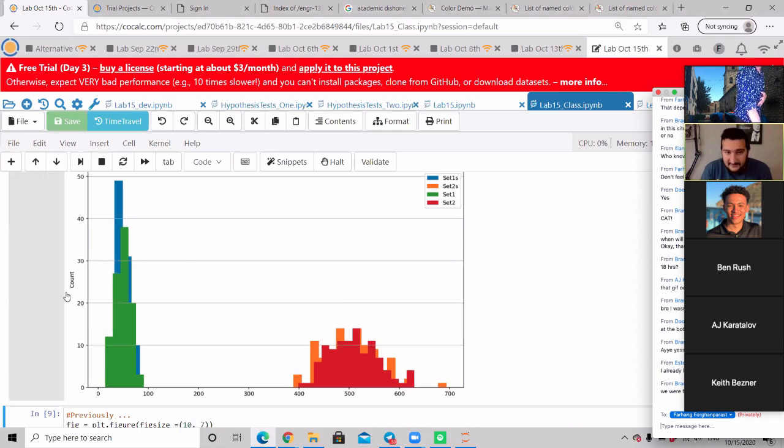Based on these, I made a few assertions and asked you whether you think they are true or false. Since most of you have lost your memories, I have to do that again. So I'm going to make a few statements, and I want you to tell me whether you think they are true or false. Set 1 and set 2 are different.